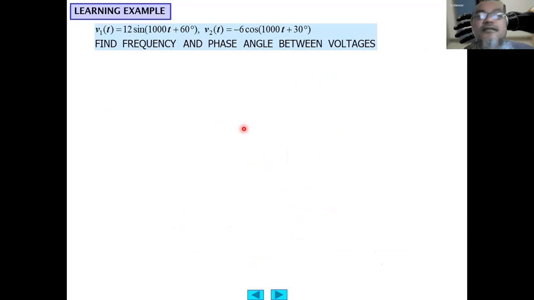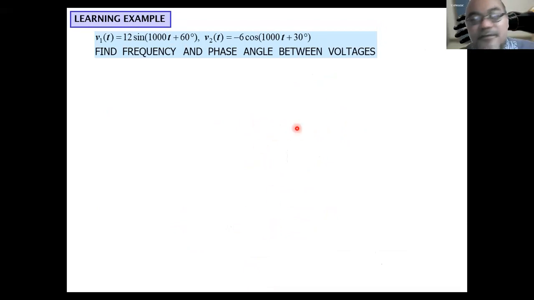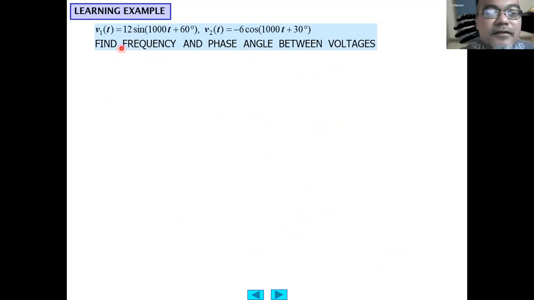Okay, let's give some examples here. V1(t) equals 12 sine(1000t plus 60 degrees). V2 equals negative 6 cosine(1000t plus 30 degrees). Find the frequency and phase angle between these voltages. We have two voltages, V1 and V2.